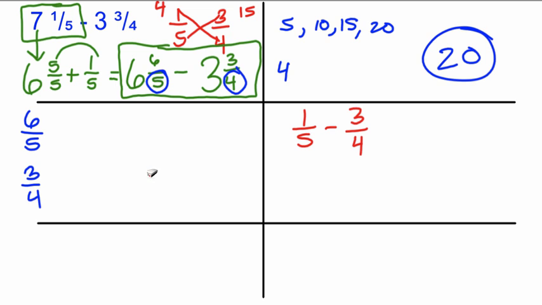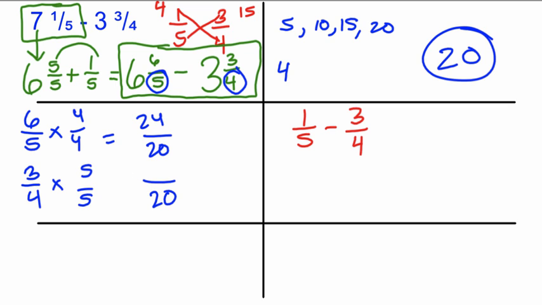We want those to have final denominators of 20. So I'm going to multiply this fraction by 4. And I'm going to multiply this fraction by 5. So our two new fractions that we can actually subtract are 24/20 minus 15/20.